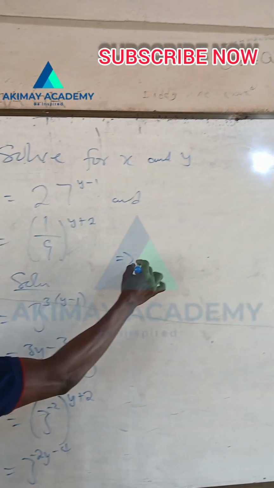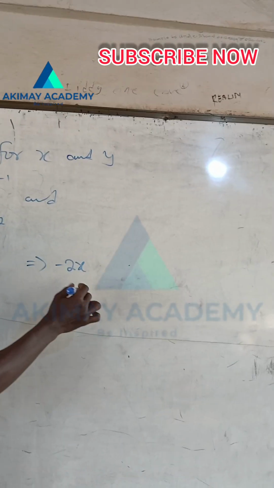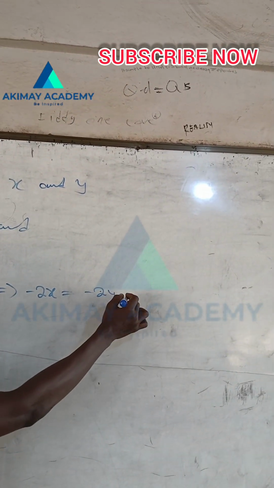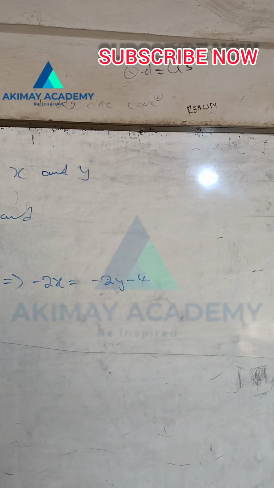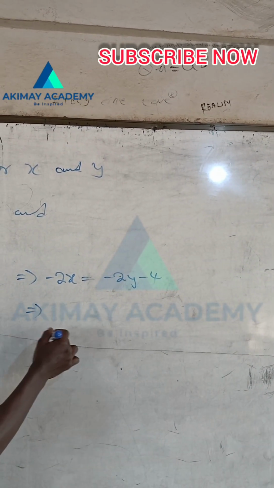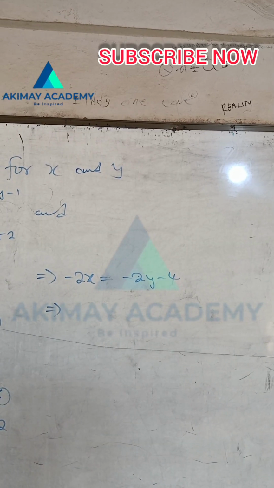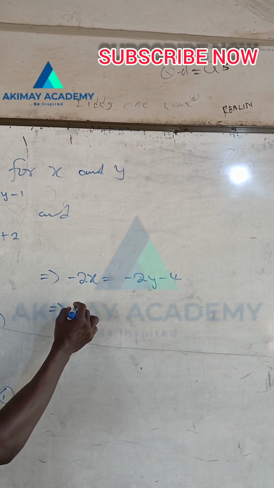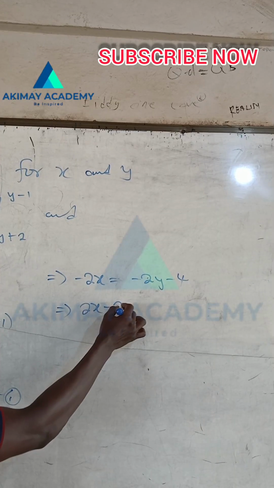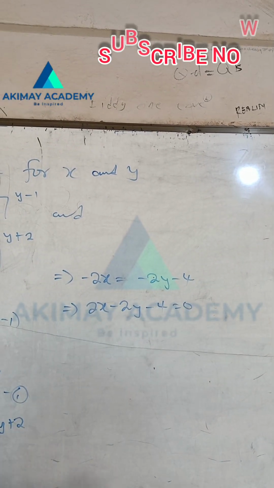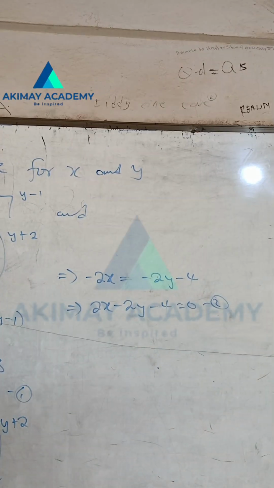So we are going to have minus 2x to be equal to minus 2y minus 4. Okay? And if we rearrange them, let's make x positive. We're going to have 2x minus 2y minus 4 to be equal to 0. This is our equation 2.